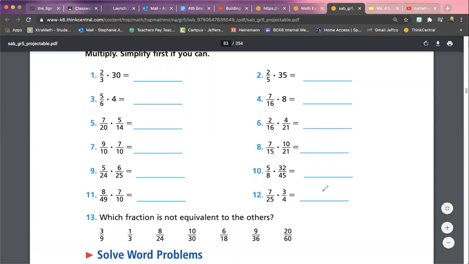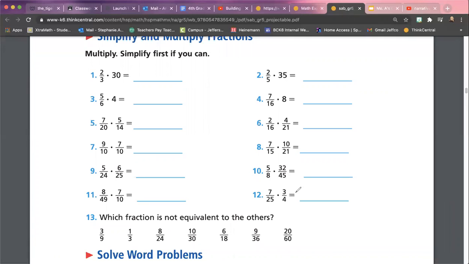Let's do number 6. So 2/16ths times 4/21sts. Go ahead and set it up. This one might take a little longer because you're multiplying a 2-digit number on the bottom.